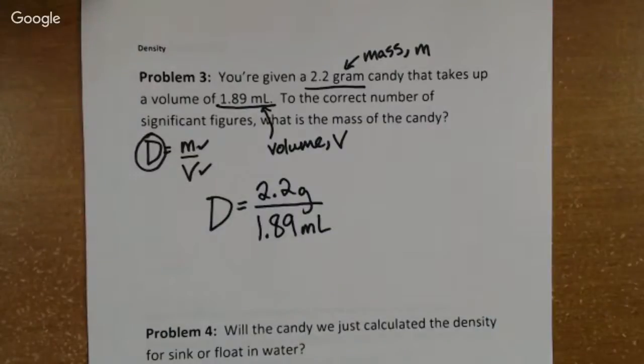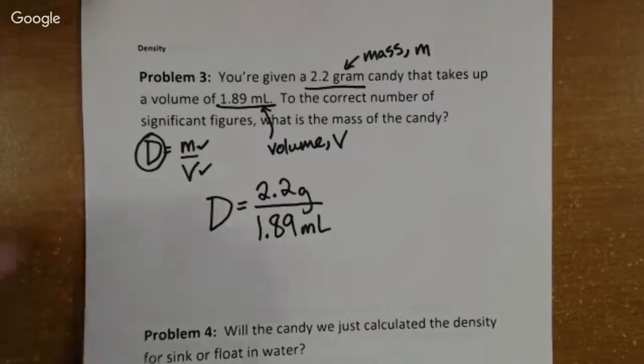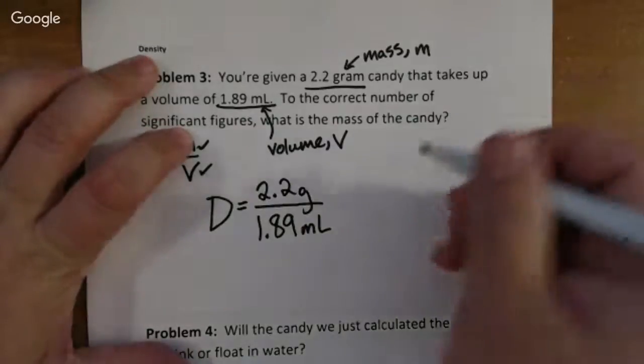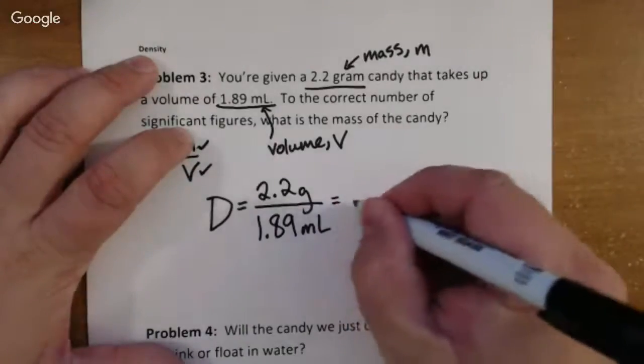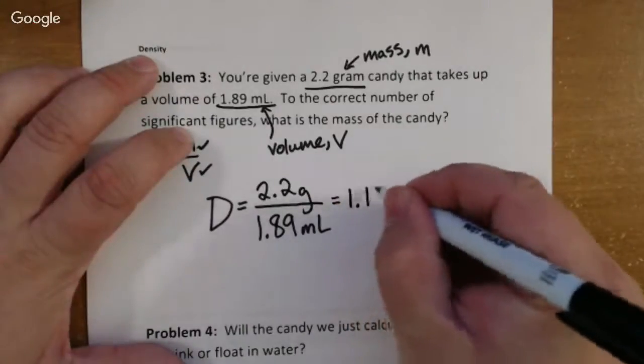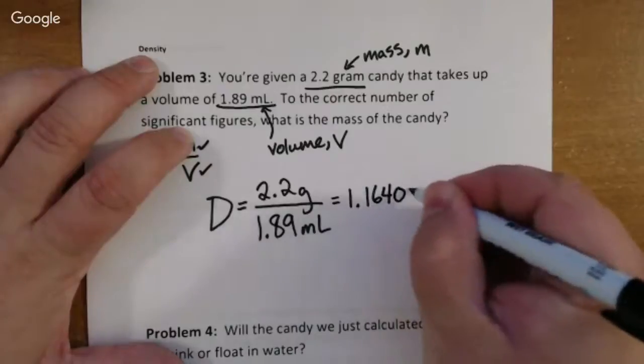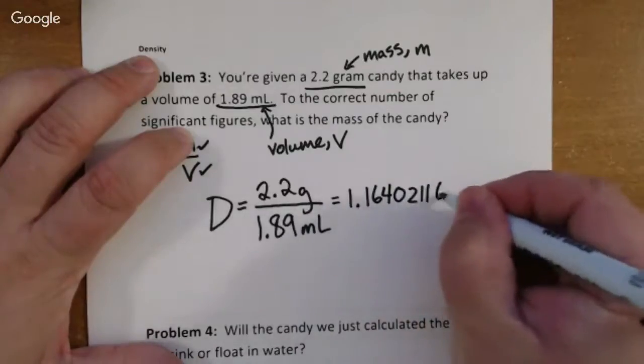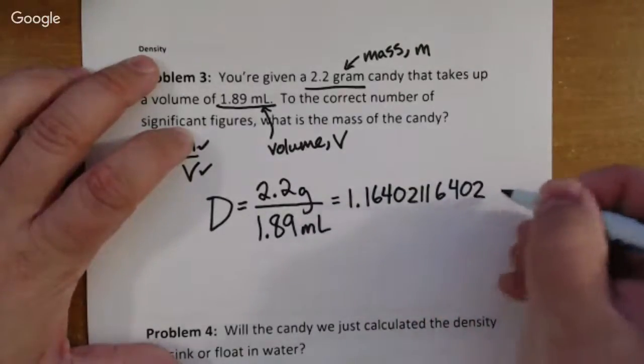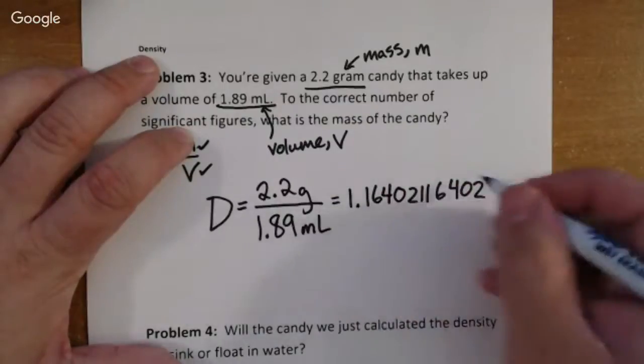Let's plug that in and see what we get. Okay, your calculator is going to spit out something borderline ridiculous. I got 1.16402116402. And the unit on that, grams per mL.